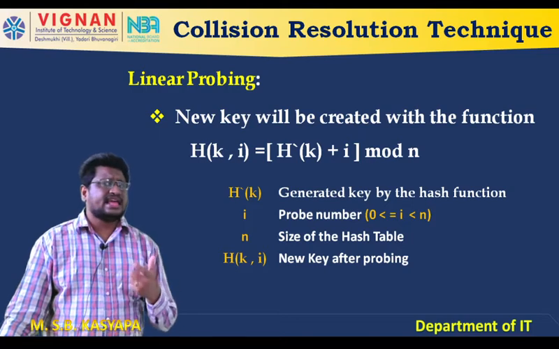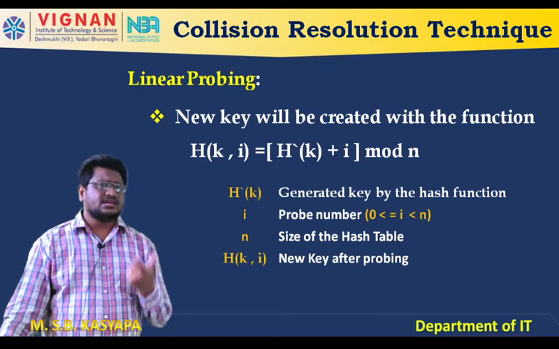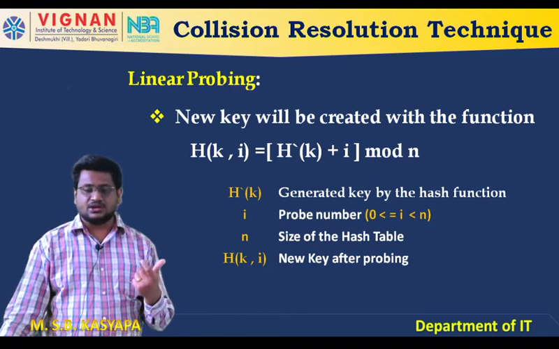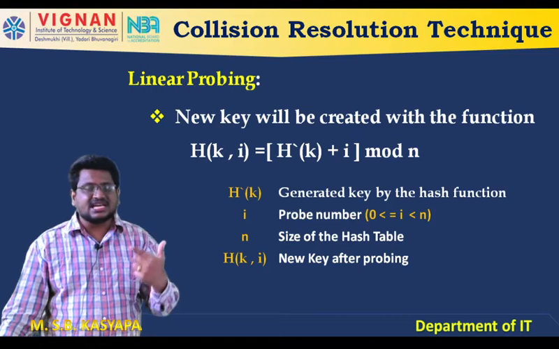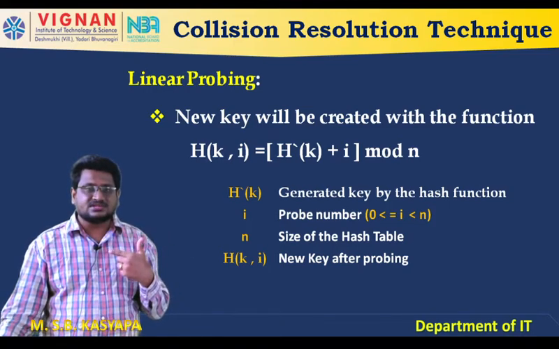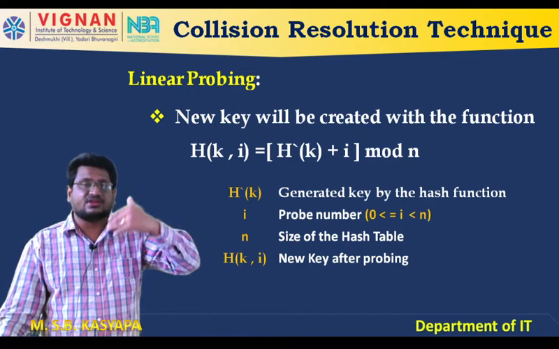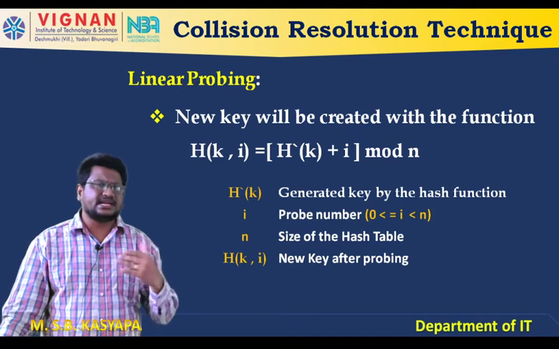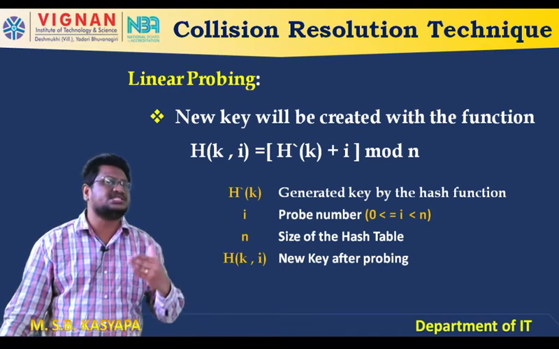Now, i is the probing number. So, what is probing number? As I already told you, probing is nothing but searching. So, the next address field where I have to search will be defined by the i. Whether it has to search the immediate address field or it has to search after 5 fields will be decided by the i. So, this i is nothing but the probing number, the searching number.